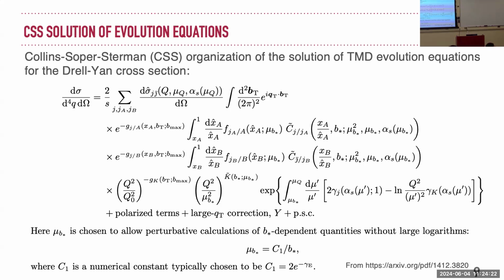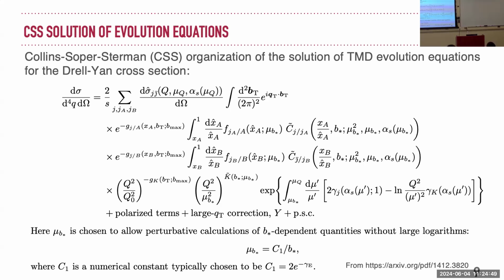Okay? So, and then I'll write the following. Integral of d kappa tilde is equal to minus integral of gamma k of mu prime, d mu prime over mu prime, which is d log. And I'll integrate from mu 0 to mu. Okay, so I have my solution now.